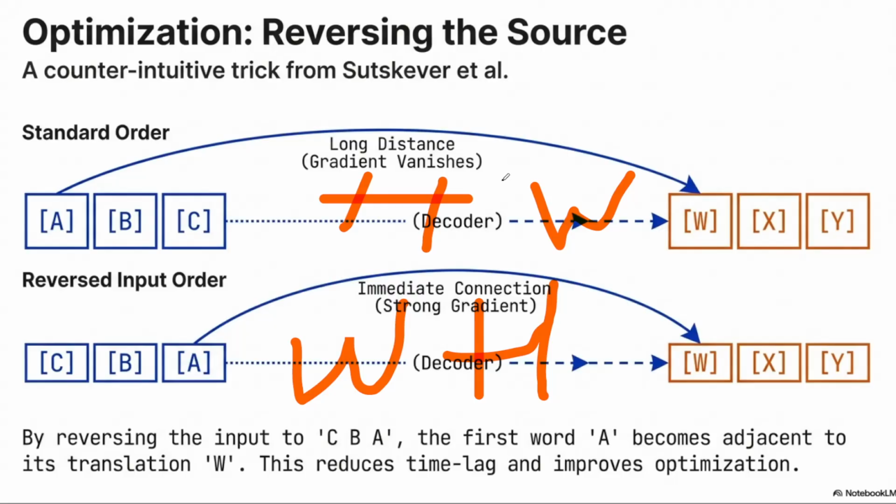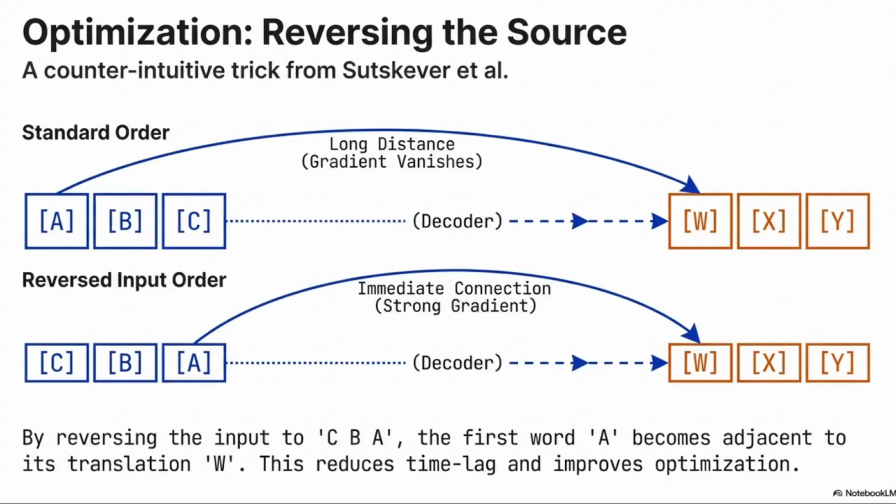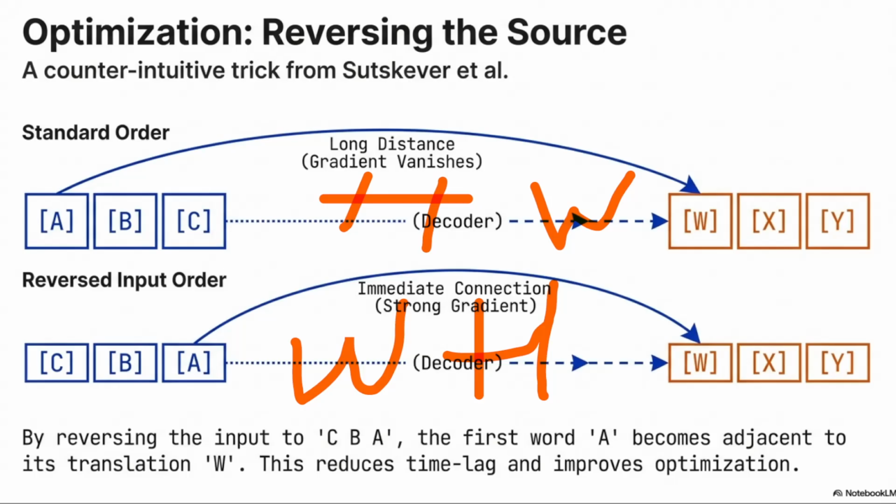Let's say we have a longer phrase like hello my world. It would force world and hello to be close together. This introduces short-term dependencies, making it easier for the long short-term memory to establish a connection between the input and output during backpropagation.